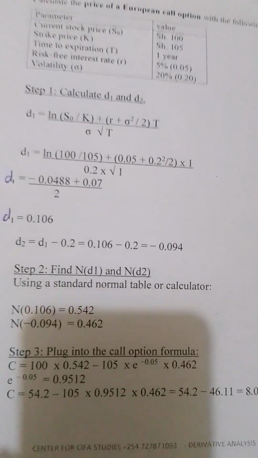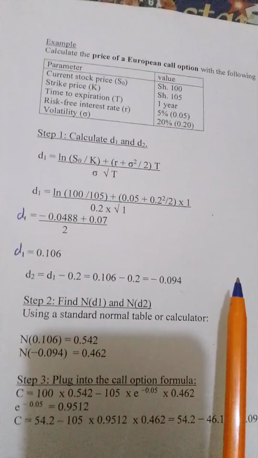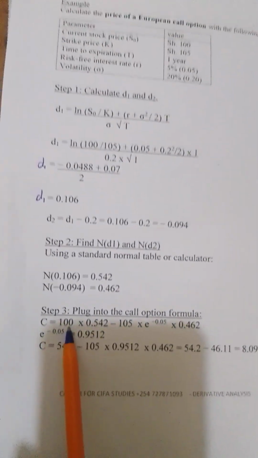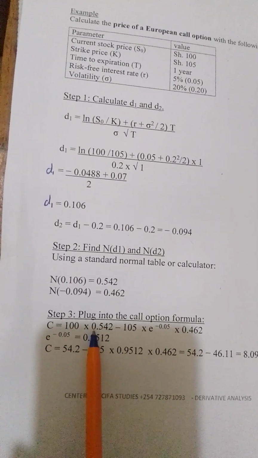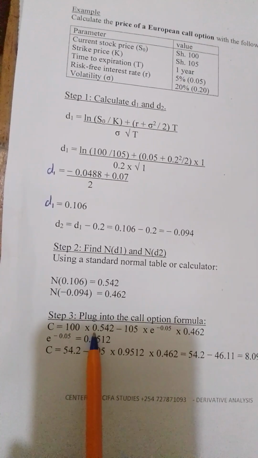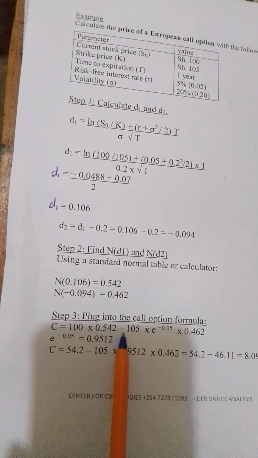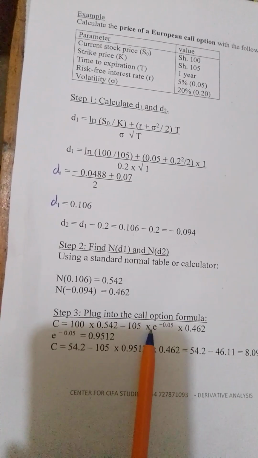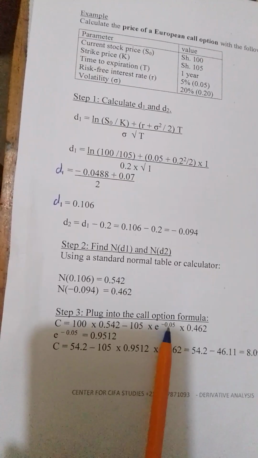Then once you get that, the other part is just you continue substituting. You have taken 100, the current stock price, times ND1, 0.542. We minus the strike price 105 times the exponential function raised to negative rate times T. T is 1.